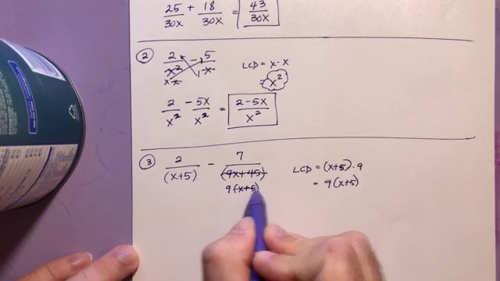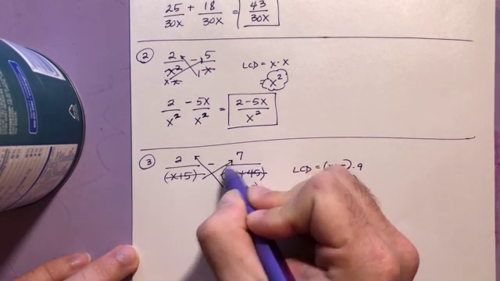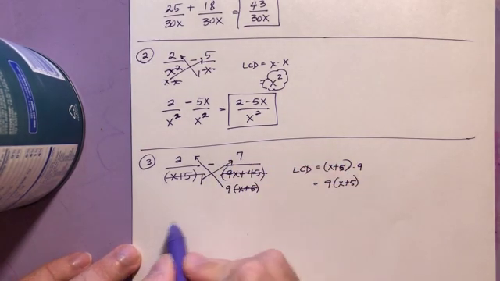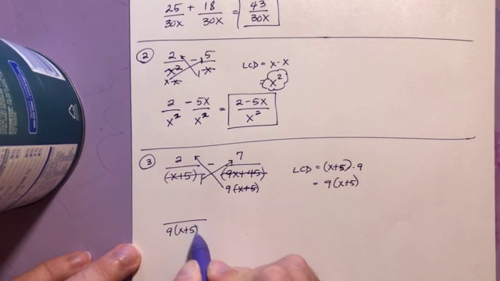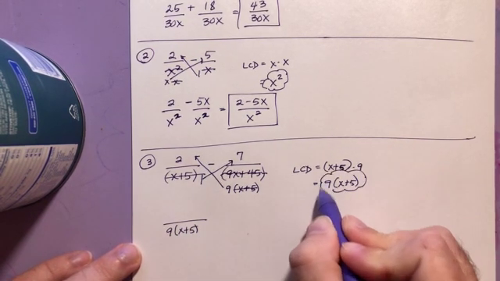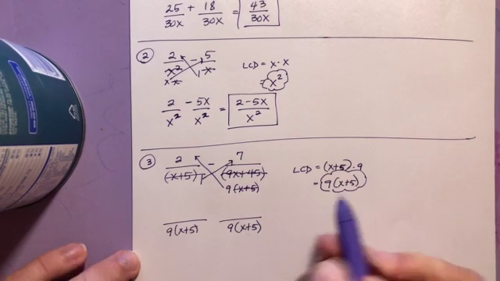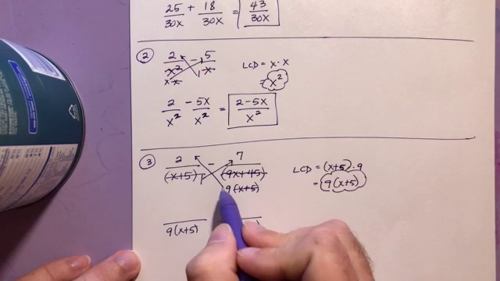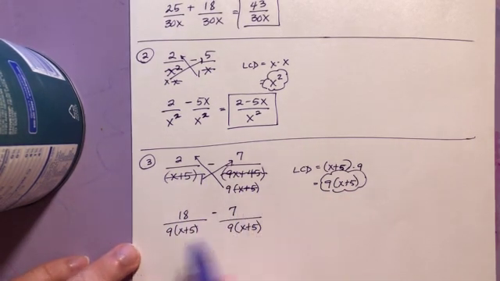They have a common x plus 5, so I'm going to cross through it, and then I'm going to cross multiply. Since there's nothing over here, I'm going to put a 1. So this is 9 times x plus 5, I'm going to put a little bubble around here, and this is 9 times x plus 5. That's the LCD. And then 9 times 2 is 18, and then 1 times 7 is 7.